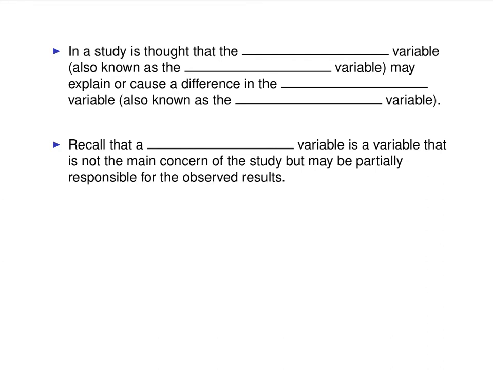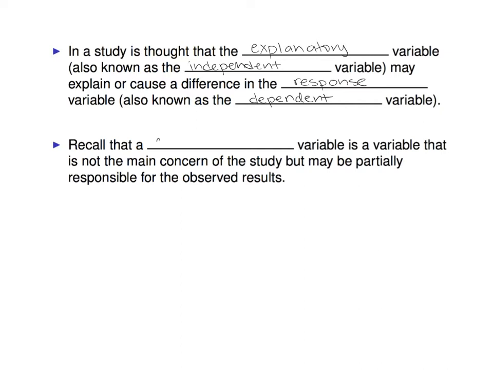This is a bit of a review, but remember that in a study, it's often thought that the explanatory variable, also known as the independent variable, may explain or cause a difference in the response variable, also known as the dependent variable.